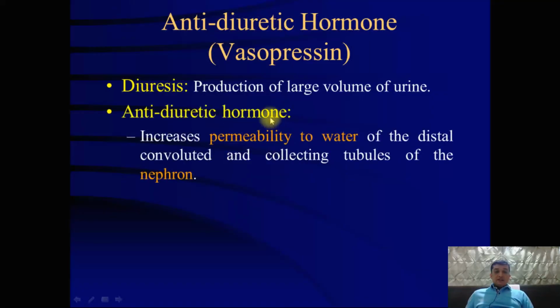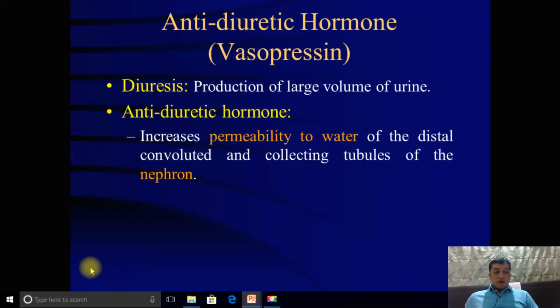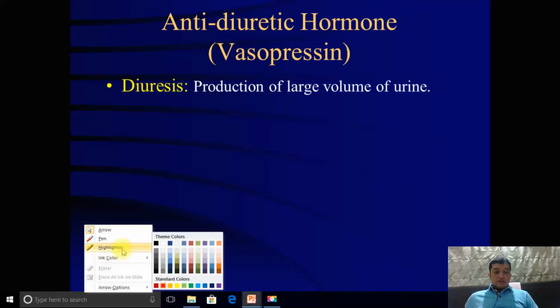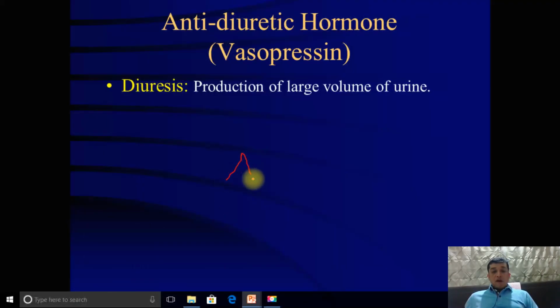In that case, this hormone, once released from the posterior pituitary, will go to the distal convoluted tubule, which is a part of the nephron, and more importantly, the prominent receptors are present in the collecting tubule. The collecting tubule is also a part of the nephron. So the receptors for this hormone are present there. Once this hormone is released, the collecting tubules start making a protein. That protein is referred to as aquaporin.